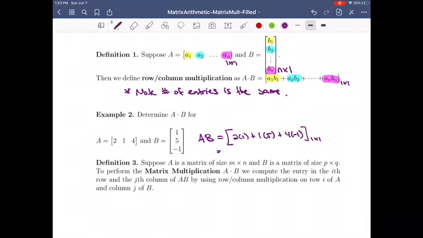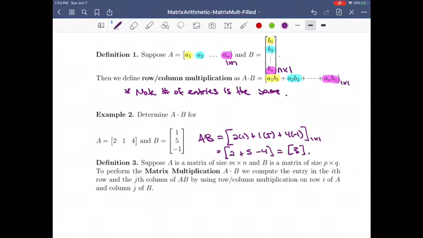In some places, if you read alternate textbooks, they might call this a dot product. That is another name for this. So if we multiply these together, it's 2 plus 5 minus 4, so I'm going to get the number 3. So you always get a number when you take a row matrix and multiply it by a column matrix.